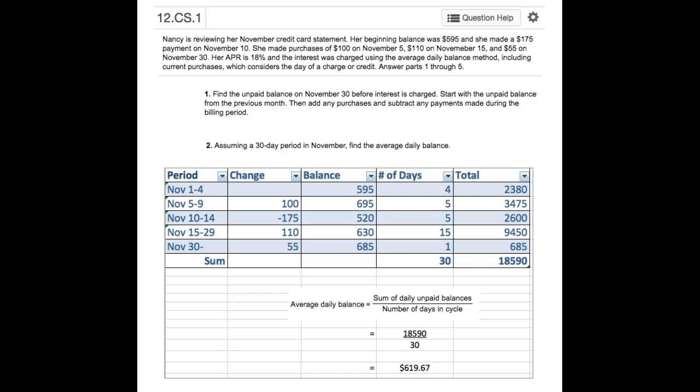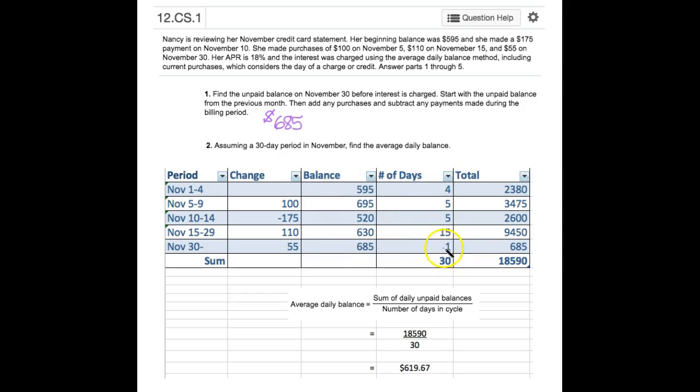And again, you don't have to have a chart to do that, but I was organizing my work for question 2 anyway, so it works out nicely that that is an answer on the chart, if you choose to do it that way. And then for question 2, assuming a 30-day period in November, find the average daily balance. We've already talked about these 2 columns.